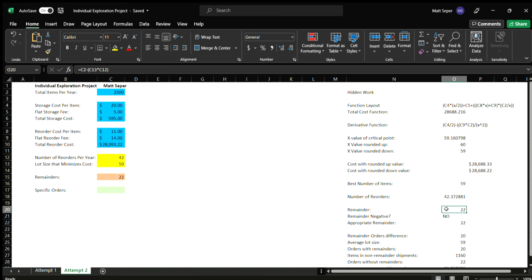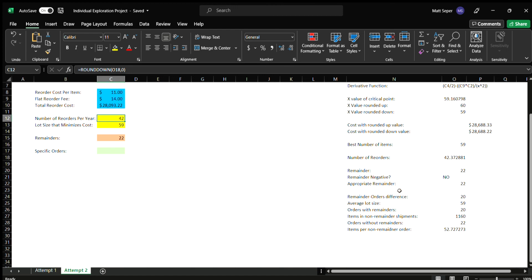But in order to get this remainder, I had to use the value that was here. So there's a bunch of circular reasoning issues because I couldn't simultaneously use this to change this value if this value was created from C12. C12 was one of the things that created the remainder. So I just rounded this down. I realized that was a pretty simple solution. I rounded down, so I would always have a positive remainder.